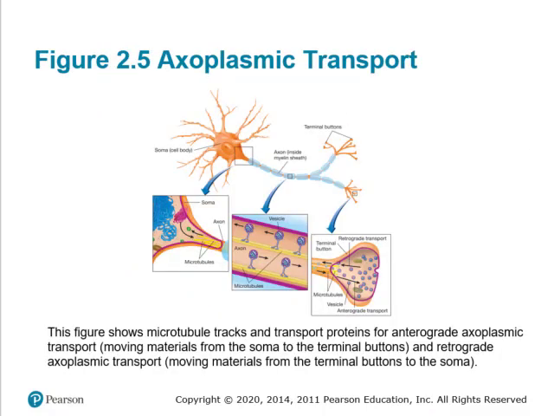So not necessarily communication like with the nerve impulse that we were talking about, but there is transport along these microtubules from the terminal buttons back towards the cell body in one direction, that's the retrograde direction, and towards the terminal buttons in the other direction, the anterograde direction.